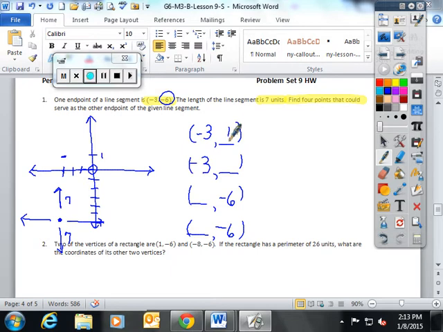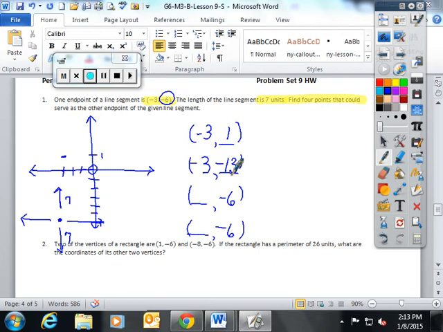So the first answer would be positive 1. If I started at negative 3, negative 6, and went 7 units down from that point, I would be adding 7 more in the negative direction. And negative 6 plus another 7 down would give me negative 13.